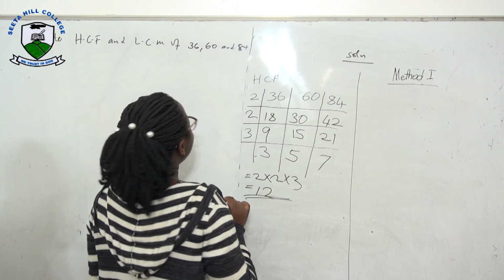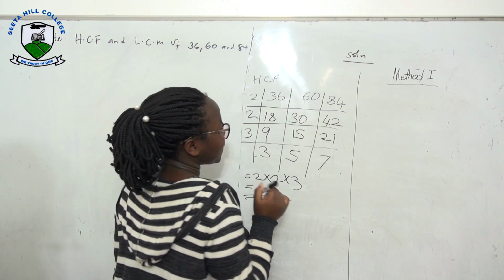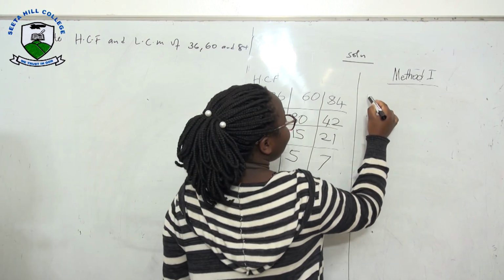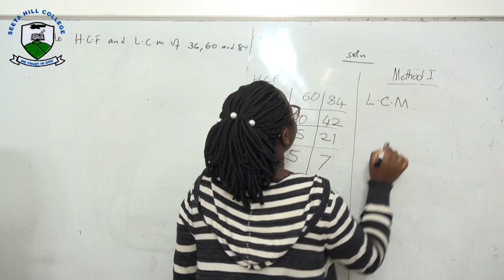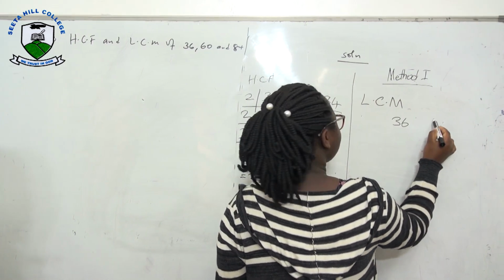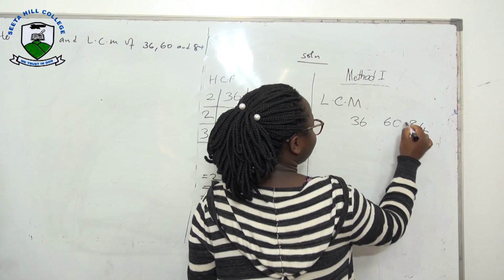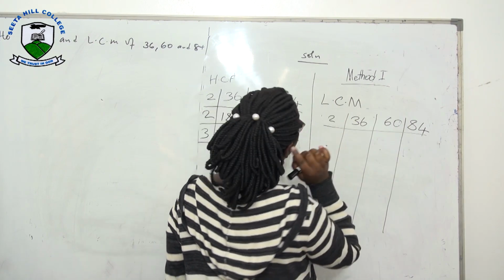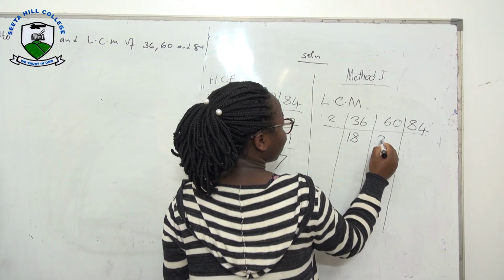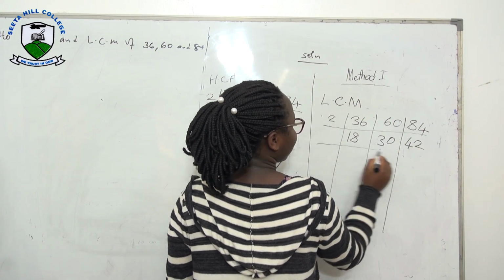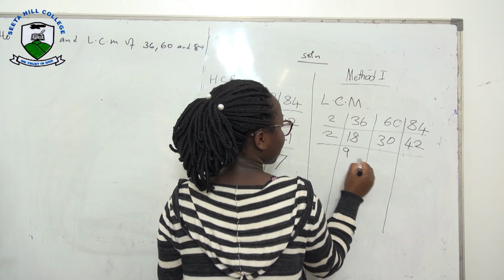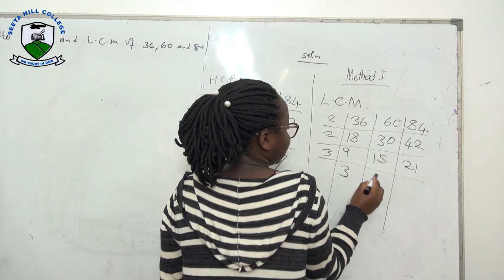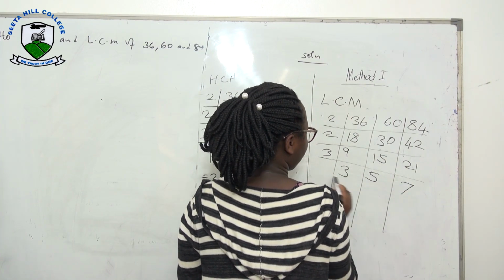And then the LCM, we shall also use the table method. LCM of 36, 60, and 84. By 2, 18, by 2, 9, 15, 21. By 3, 3, 5, 7.